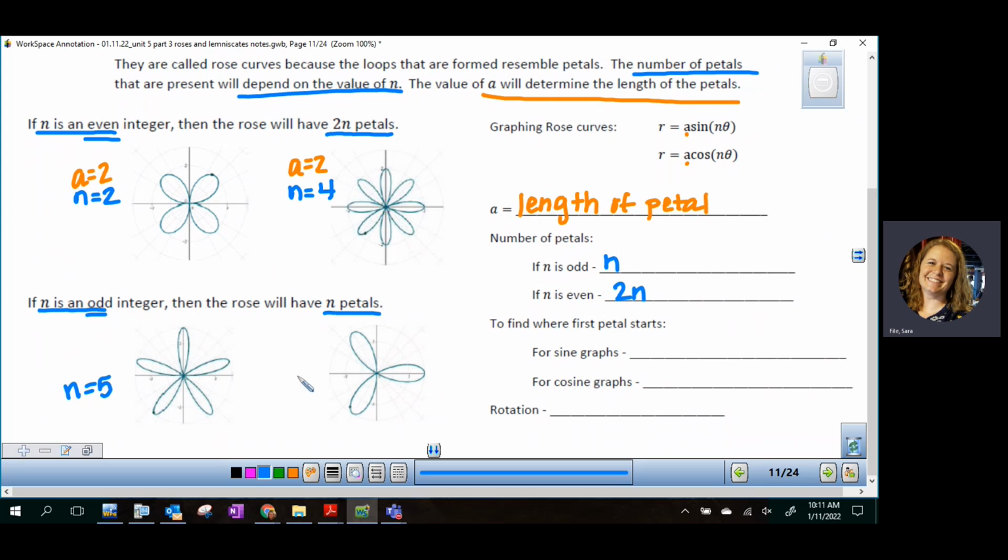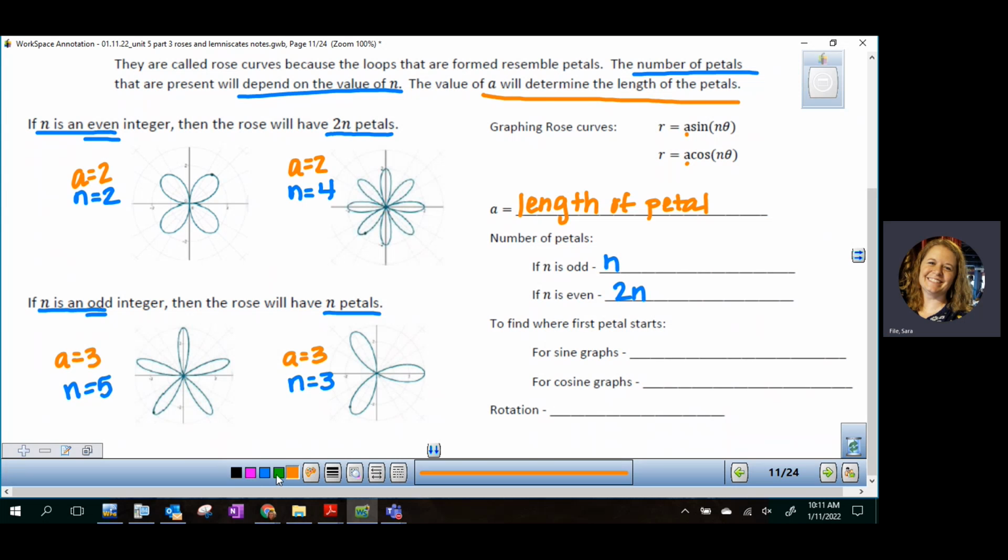There are 3 petals, so n must be 3. What's the a in these two examples? Here the a is 3. And that one's also 3. So far, so good? So a and n, length of petal and number of petals.